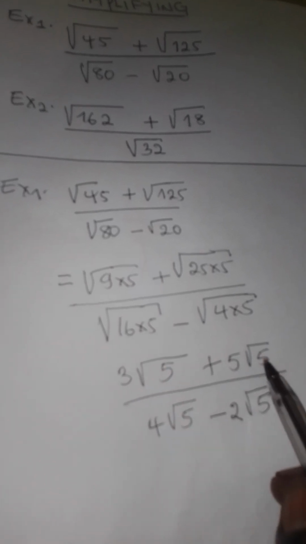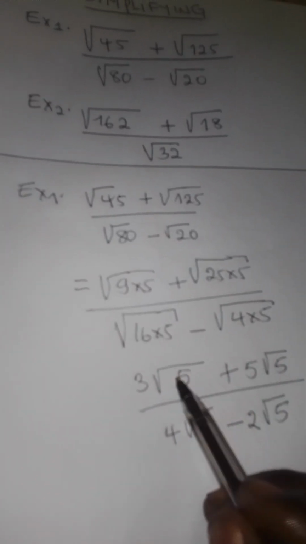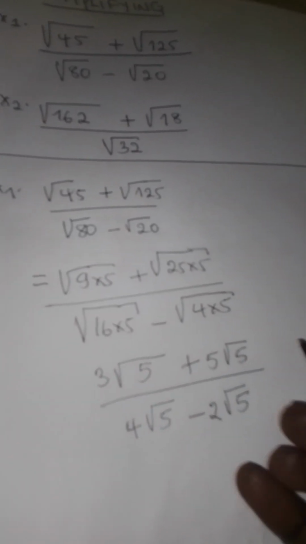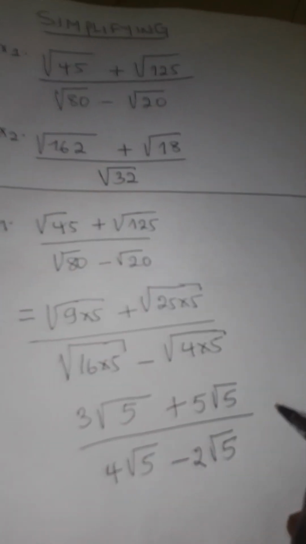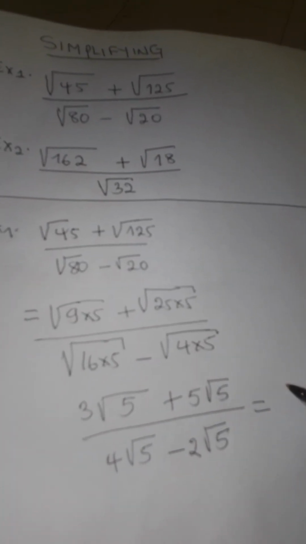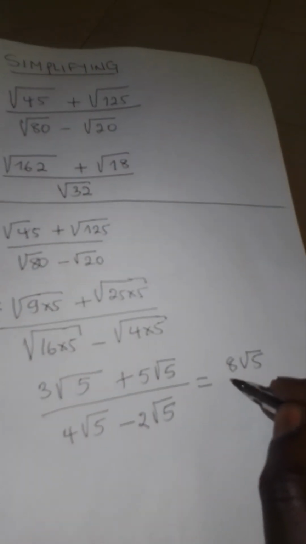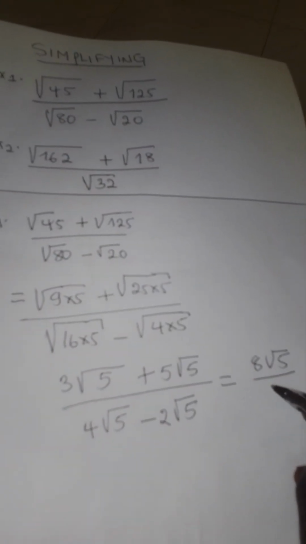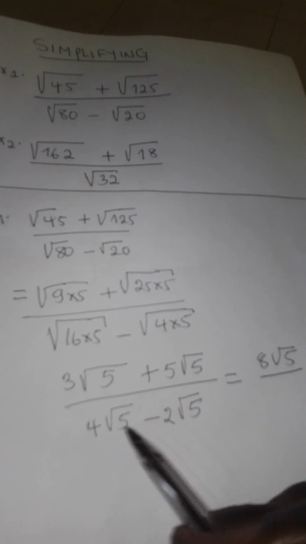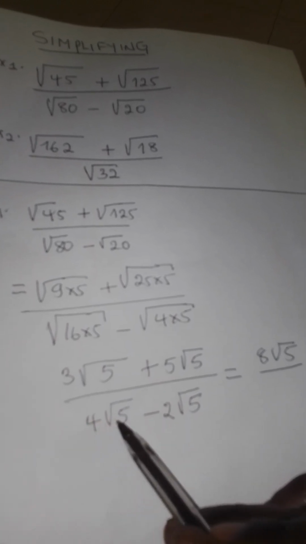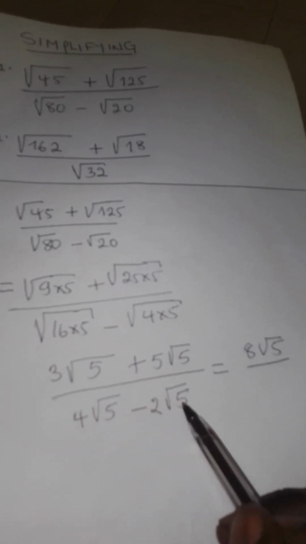Then we copy one root because they are the same. Here we write 8 root 5 over 4 root 5 minus 2 root 5.